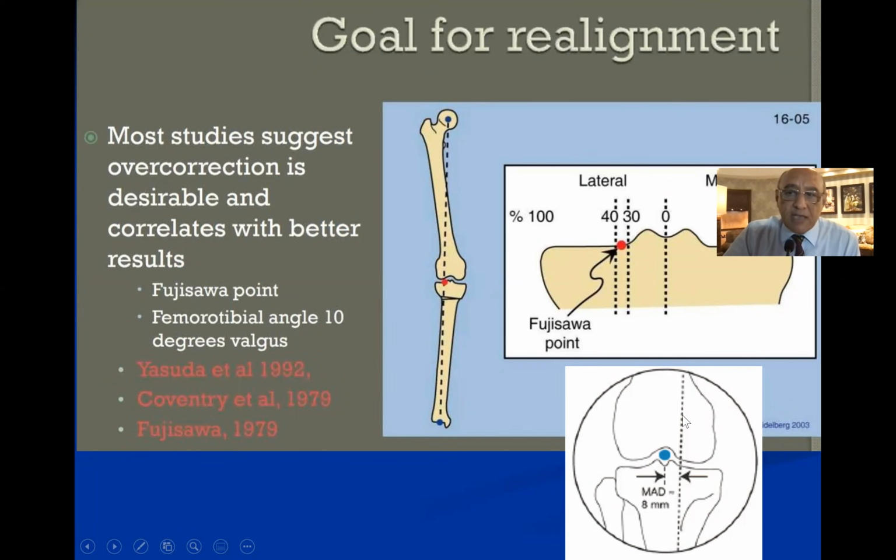We said that the mechanical axis passes medial to the center of the knee by about 8 millimeters, which we call the medial mechanical axis deviation. And it is found that if we do 6 degrees of overcorrection, we shift the mechanical axis to a point described by Fujisawa, that is between the medial 1/3 and the lateral 2/3 of the tibial plateau.